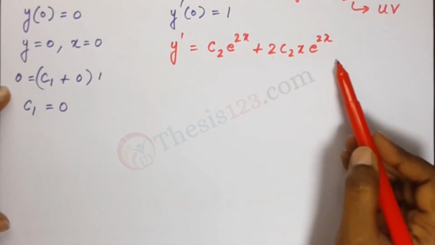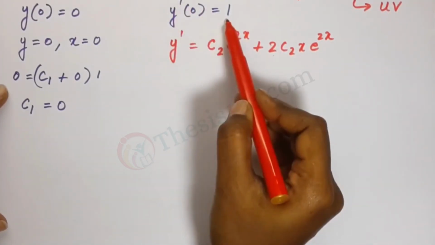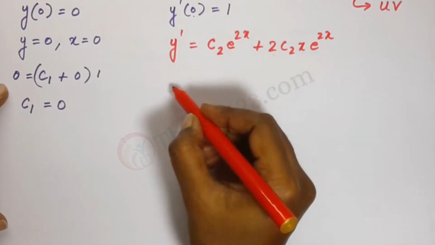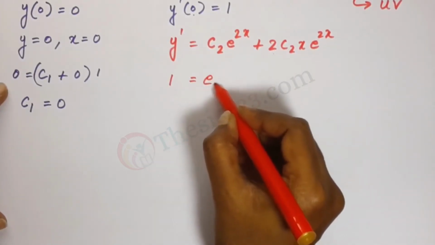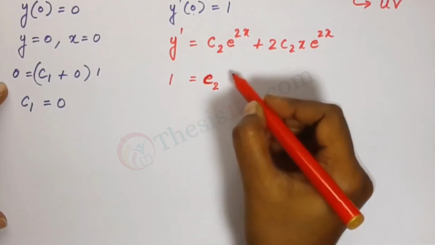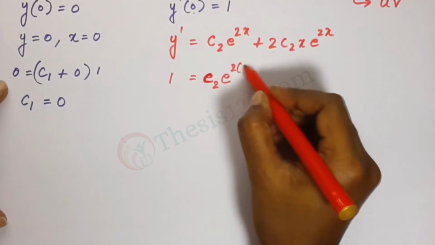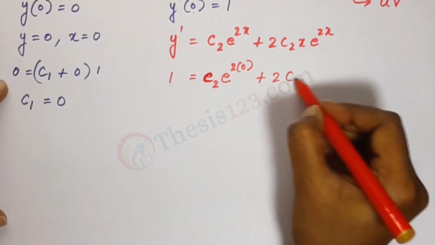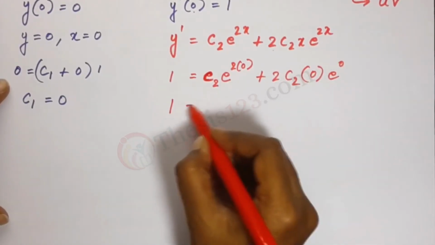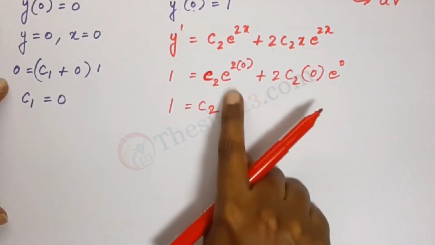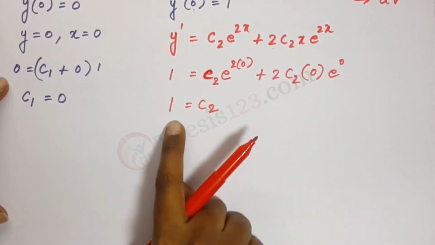This is our equation. Now y dash of 0 is 1, which means that y dash is 1 and x is 0. So let's substitute that: 1 is equal to C2 e power 2 into 0 plus 2C2 into 0 into e power 0, and that gives us C2 is equal to 1.